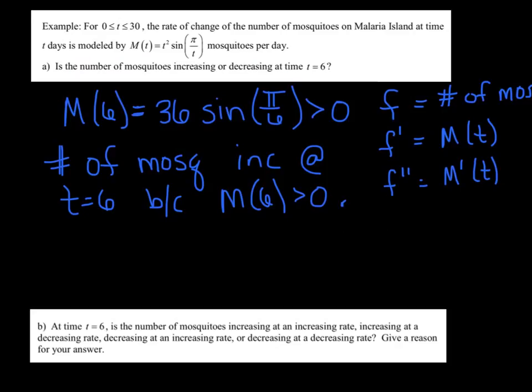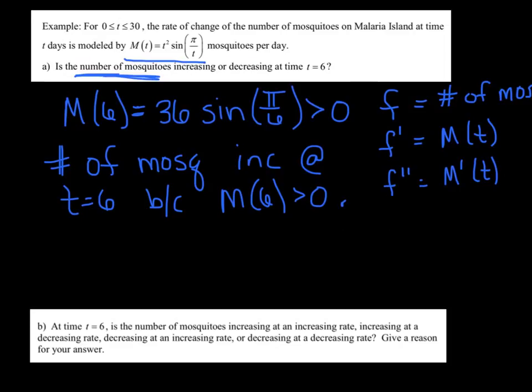And really what I want you to take out of that is recognizing that this function m of t was already the first derivative with respect to the number of mosquitoes, so I didn't have to take one by hand. Now, keep that in mind as we go to the next one.